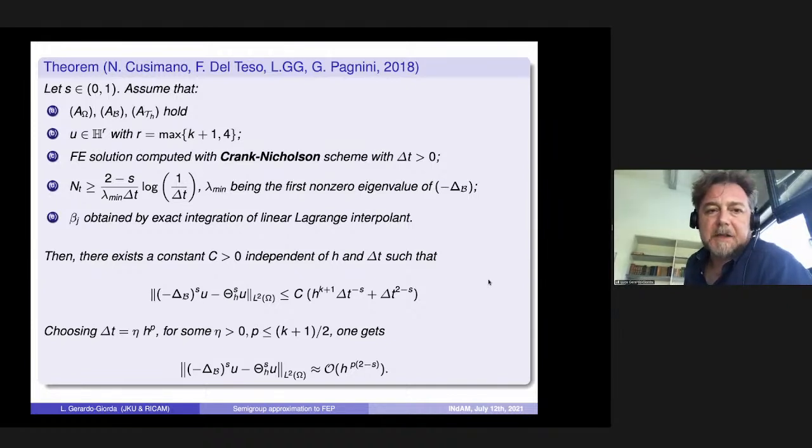This gives us a reasonably decent approximation in terms of the convergence of this scheme.